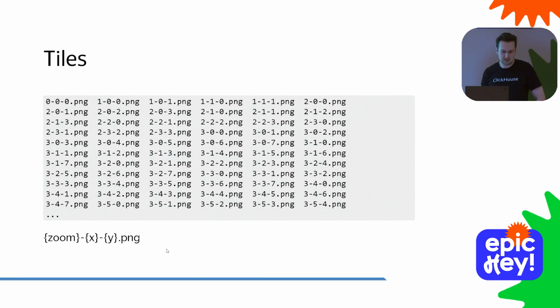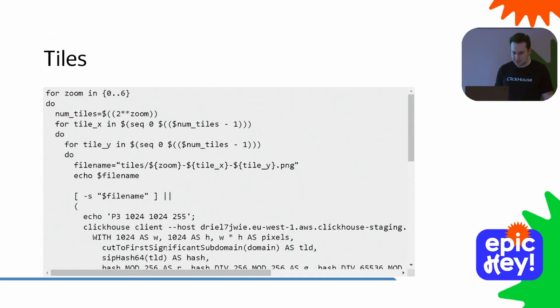Okay, and the basic format for Leaflet is quite simple. You generate files like images with three numbers. The first number is the zoom level, the second is the horizontal index, and another is the vertical index. And to generate it, I will write a simple shell script.